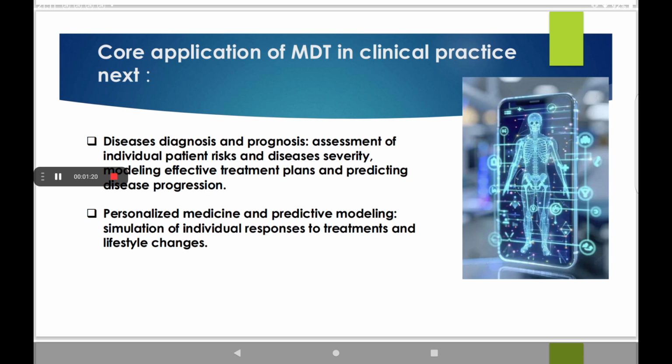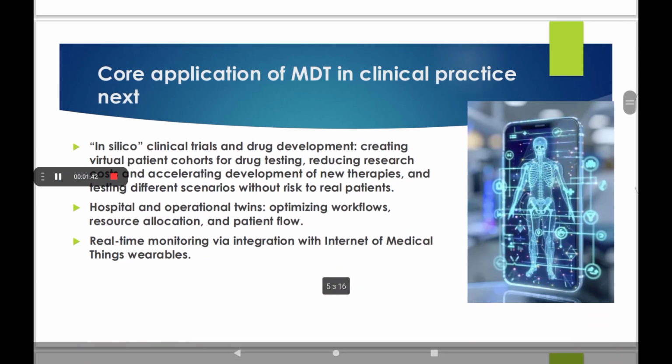Disease diagnosis and prognosis, assessment of individual patient risks and disease severity, modeling effective treatment plans and predicting disease progression. Personalized medicine and predictive modeling, simulation of individual responses to treatments and lifestyle changes.